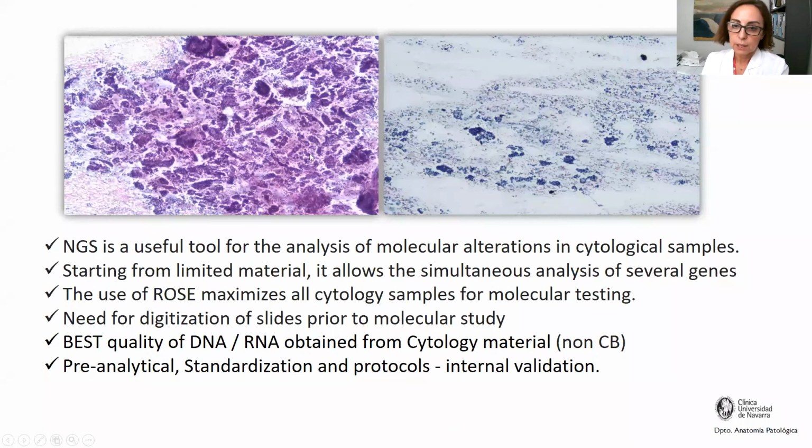With cytological smears, we know that the quality of the DNA and RNA is better than with paraffin. And of course, very important: pre-analytical standardization, protocols, internal validation, and quality controls.